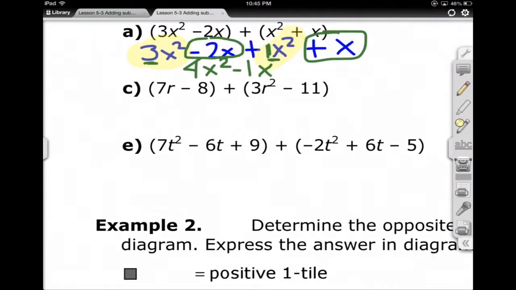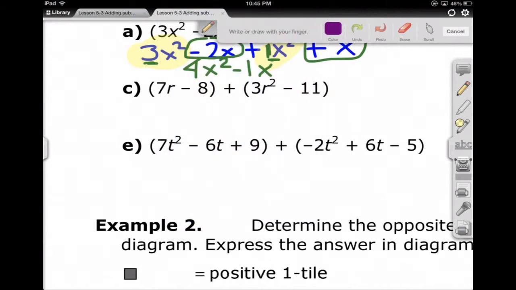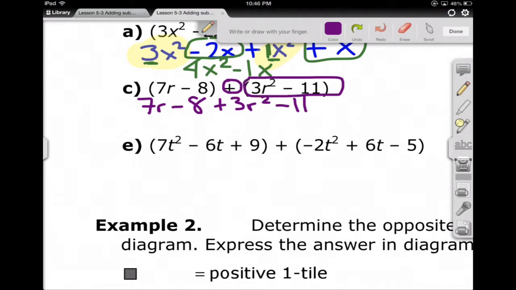Let's go to a slightly different color. Go back to shocking purple. This is 7r minus 8 plus 3r squared, minus 11. Now this sign here just says combine this stuff on the right as it is with the stuff that's on the left.